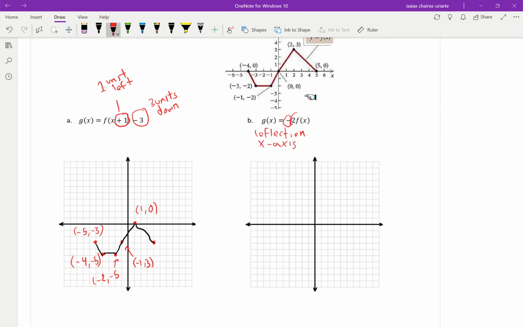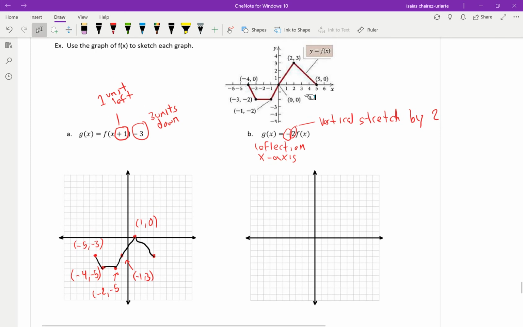And then the 2 is a vertical stretch. Okay, so let's see if we can keep those two things in mind. So I'm dealing with a reflection on the x-axis and a vertical stretch by 2.